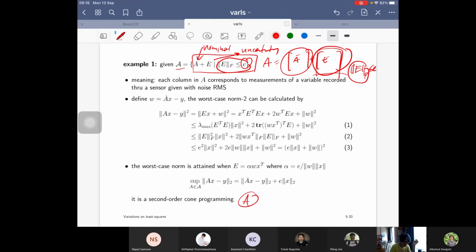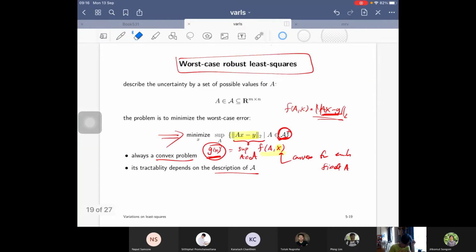So when you say that the Frobenius norm is bounded by E, it means you are given the RMS, the root mean square, of the error term, where the error term represents the noise occurring in the sensor. Now, what I'm going to do is calculate the two norm, the worst case norm. The first step is this.